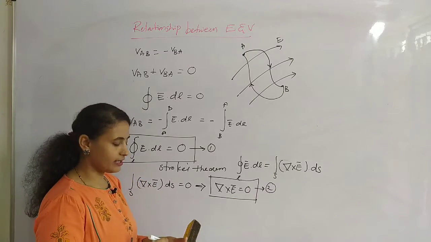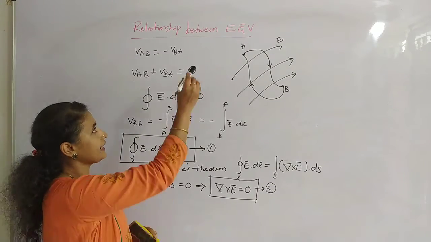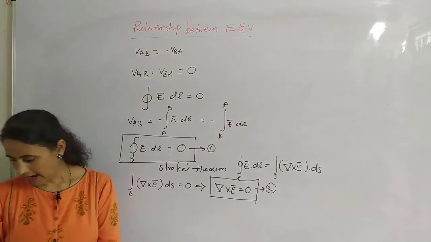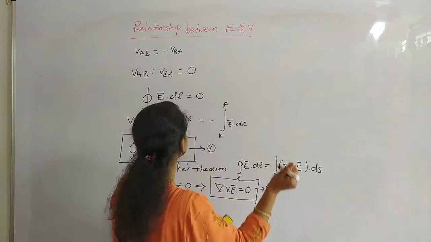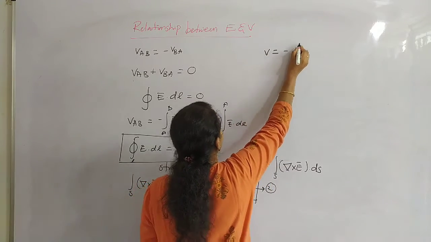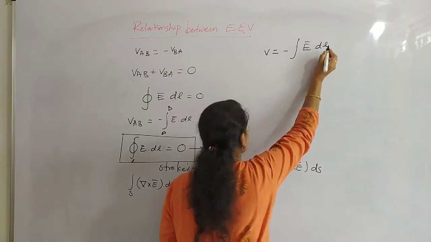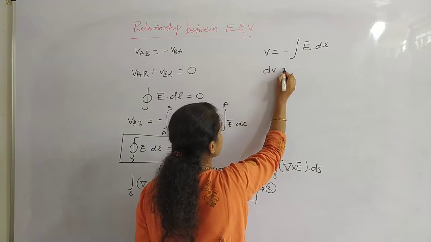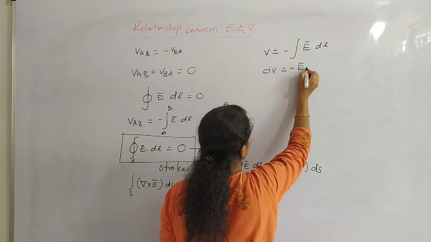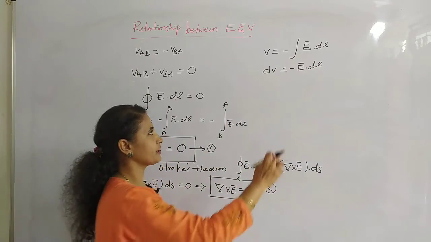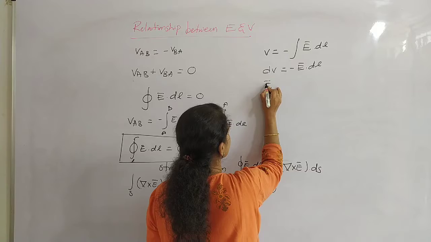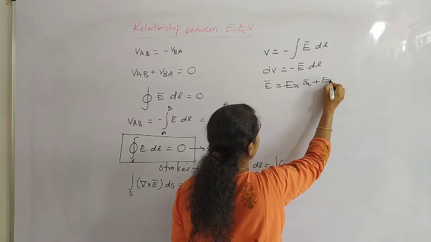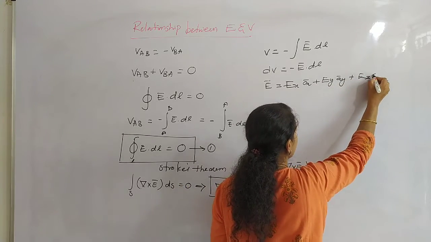Now we will go into detail to obtain the relationship between E and V. As we defined, V is given by the negative integration of E bar dot dl. Taking this integral to this side, I differentiate on both sides, so dV is given by minus E bar dot dl, where E has components Ex, Ey, Ez along ax, ay, az in Cartesian.